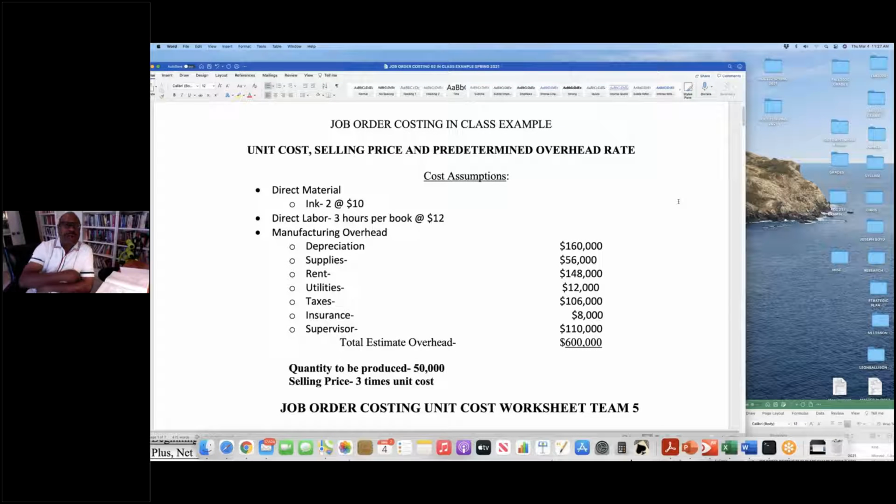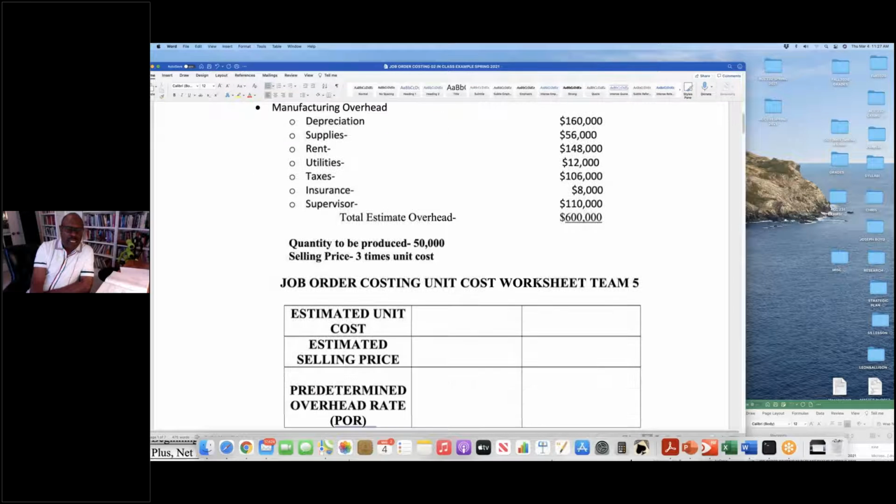So here we have a problem, similar to a quiz I might give the teams, where we have the assumptions, just one raw material, one direct labor, then we have the total manufacturing overhead listed, we have the quantity to be produced and the selling price, and we have the worksheet.